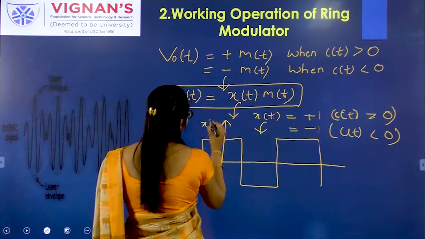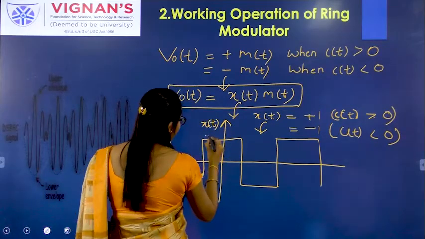This is your x of t, which we are representing as a periodic wave.